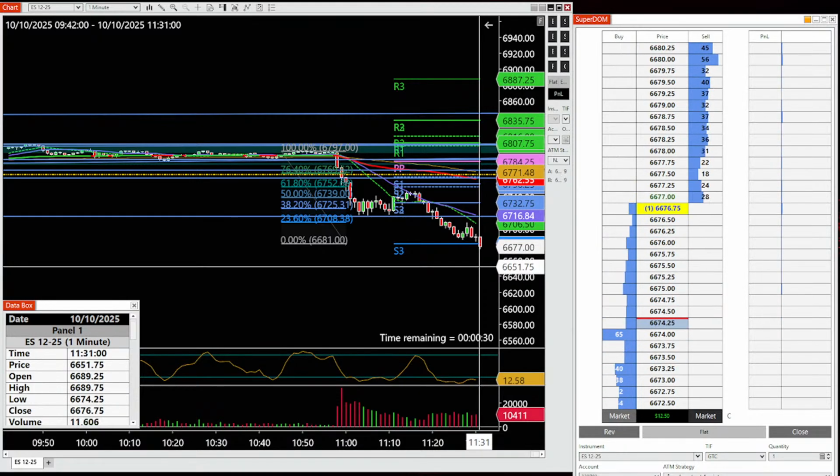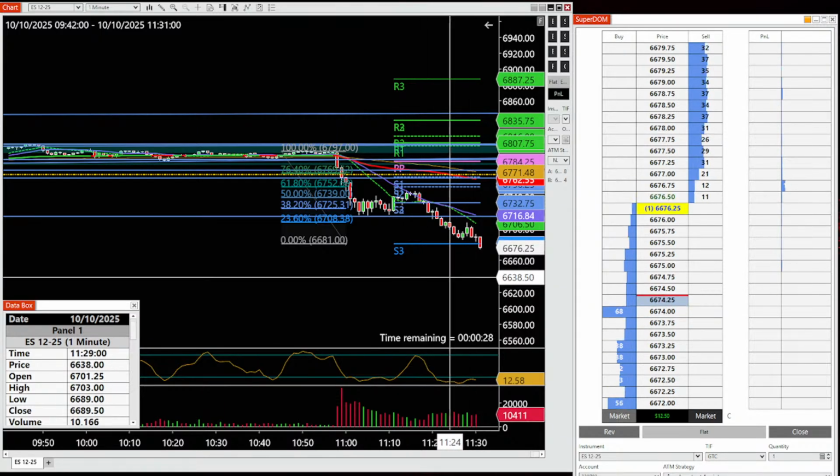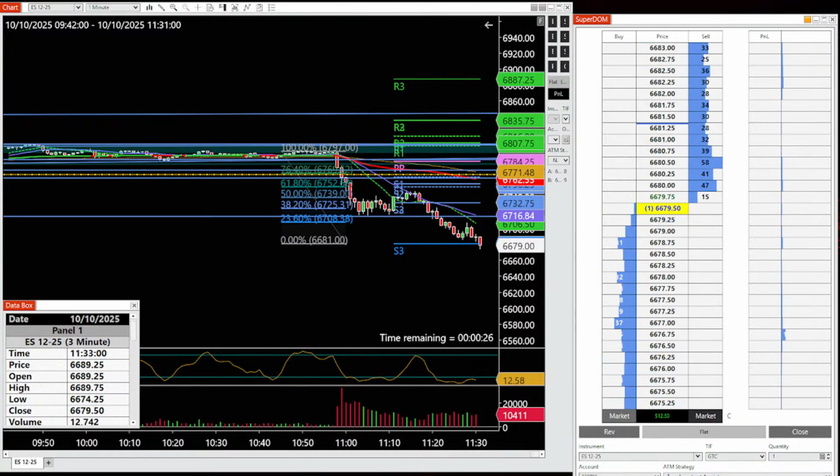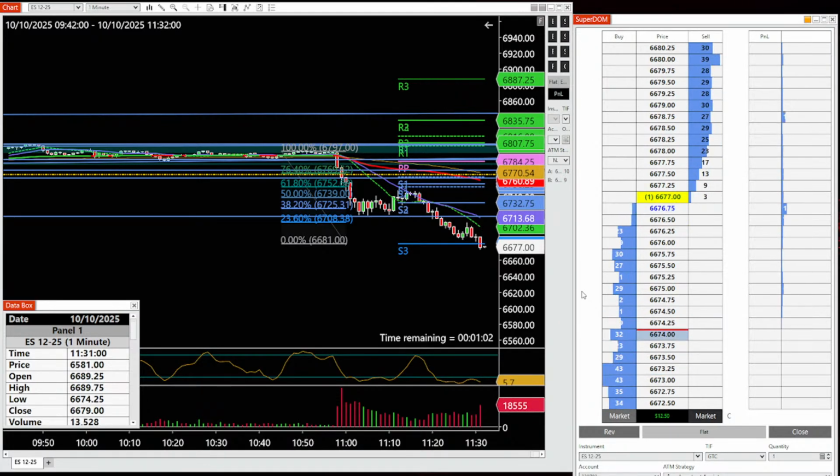75. We're down 100 points on the S&P. Down 100 points on the S&P. 75. 76.